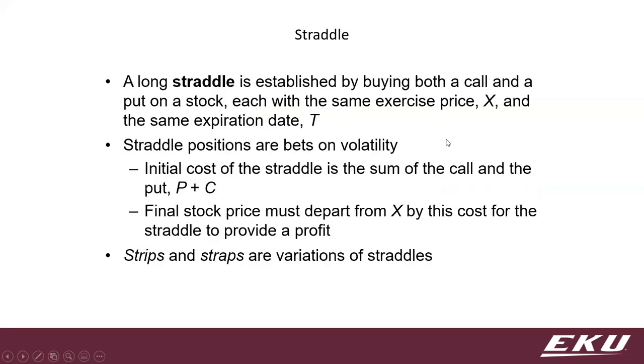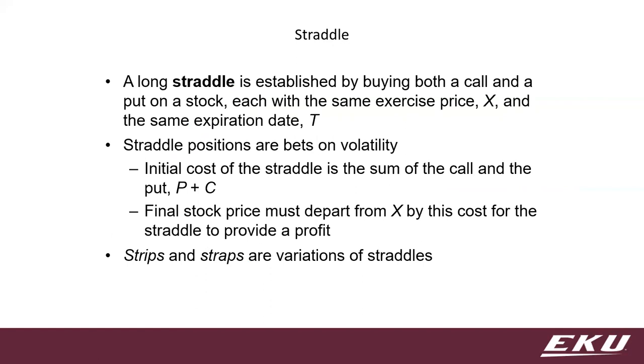So this is an example of what we call a straddle. If you think about what we're doing with a straddle, you're putting something on the low side and something on the high side. That's what we're doing: we're straddling our current price. So you have a call and a put on the same strike price and the same expiration date.